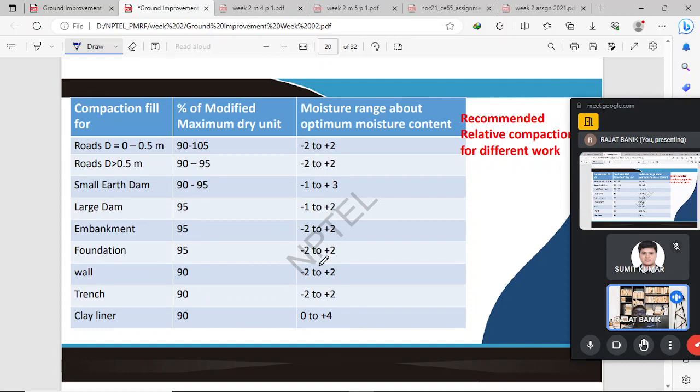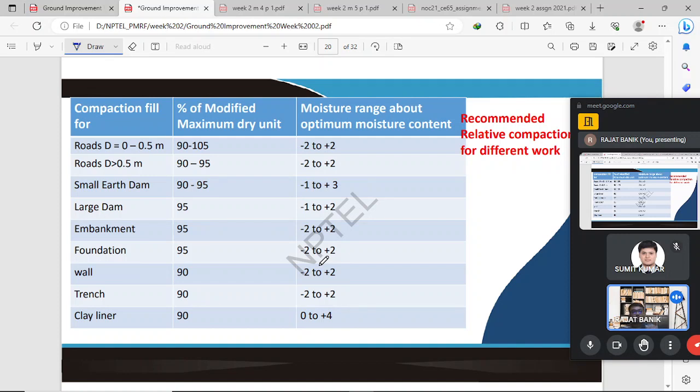Sometimes it is unequal, depending on the applicability of our techniques. For a dam, the moisture content should always be on the wet side of the optimum moisture content, because in a dam we need to restrict the water flow.